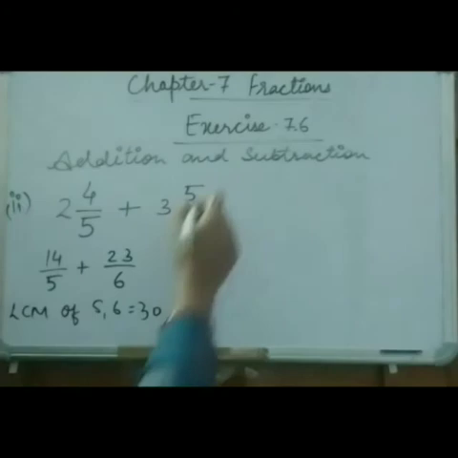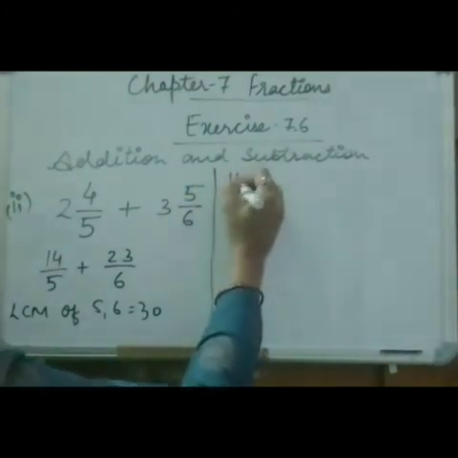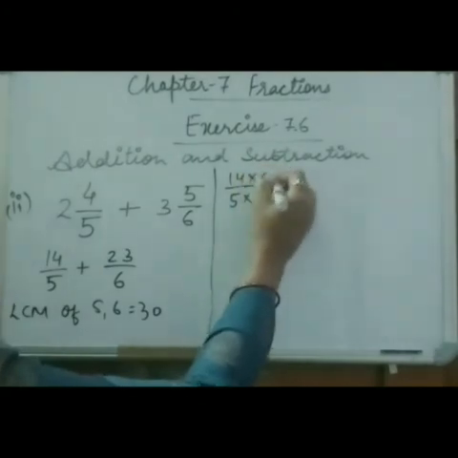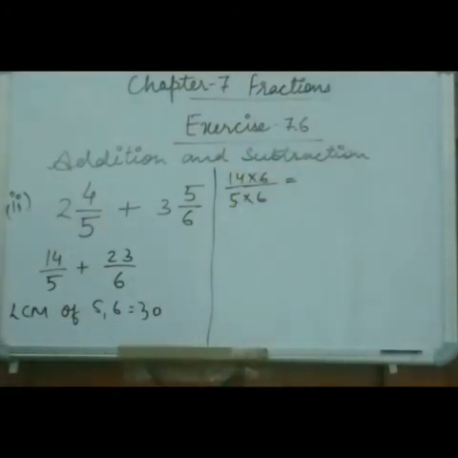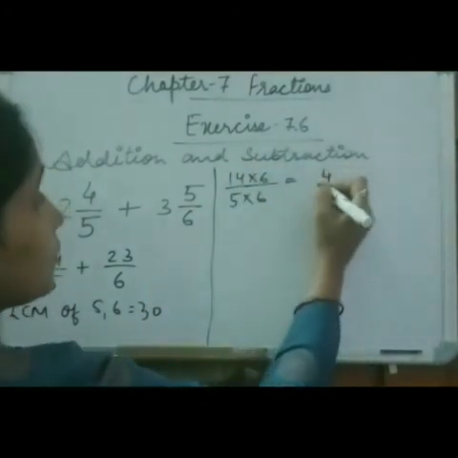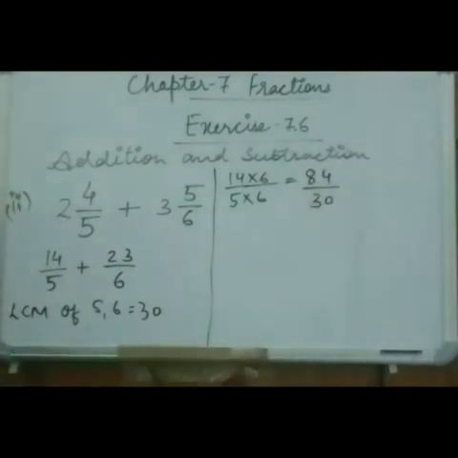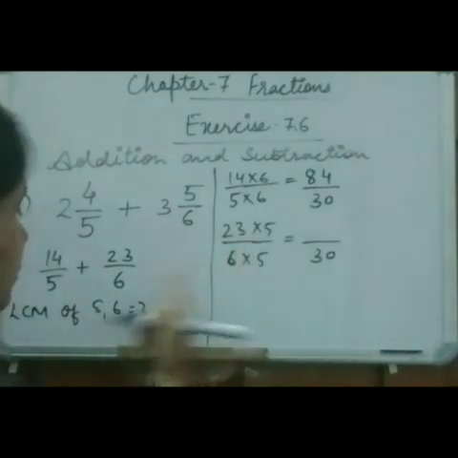So here this is 14 by 5. To make it 30, 5 6s are 30 and 14 into 6 is 84. And this one, 6 5s are 30.